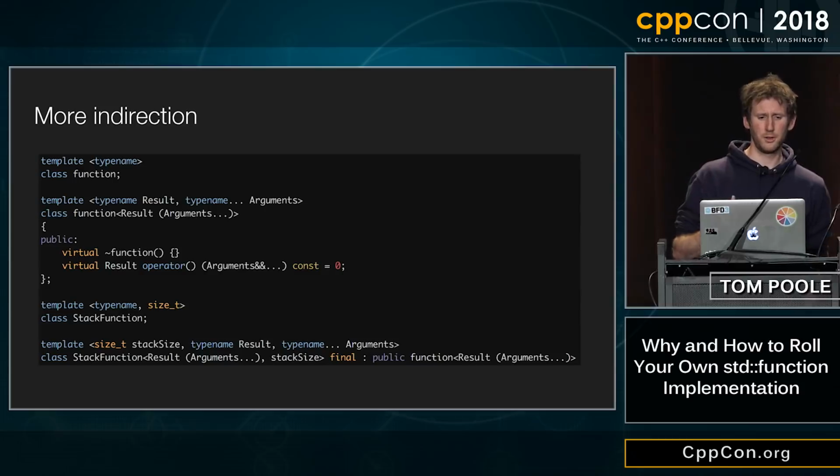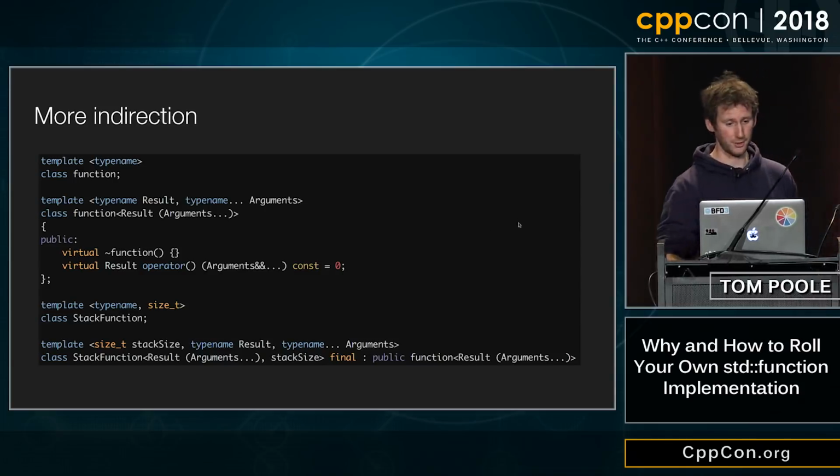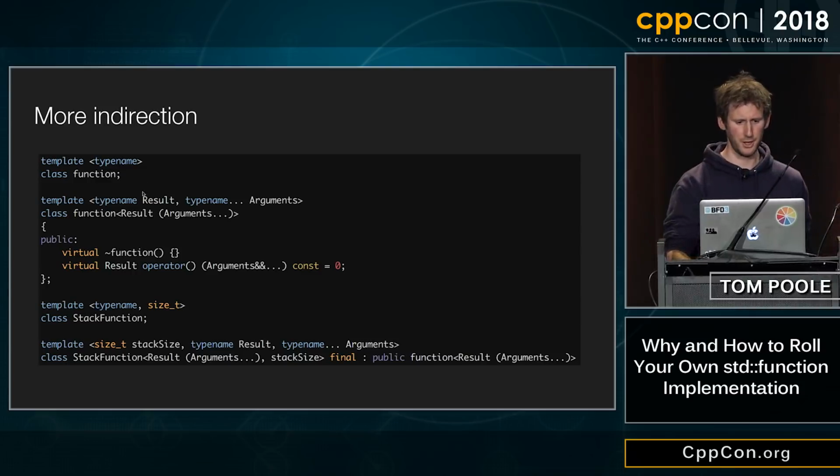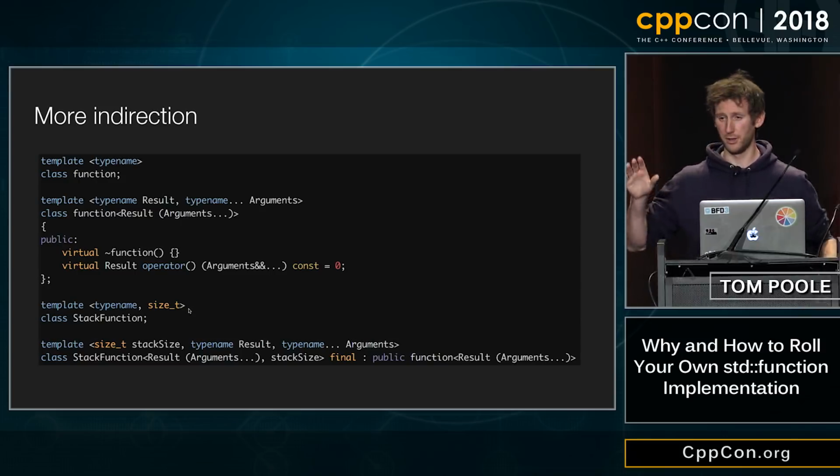So now this function class here is a bit of a misnomer. You will not be able to use it in the same way as you would a std::function. What happens here is this is a virtual base class, and everything that I've showed you has just been shifted into derived classes.